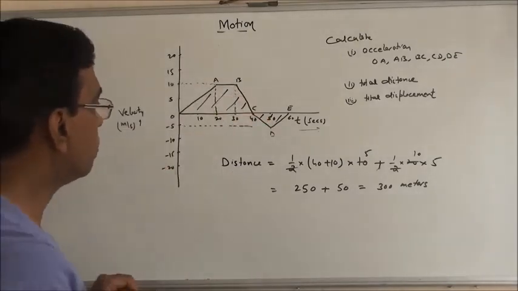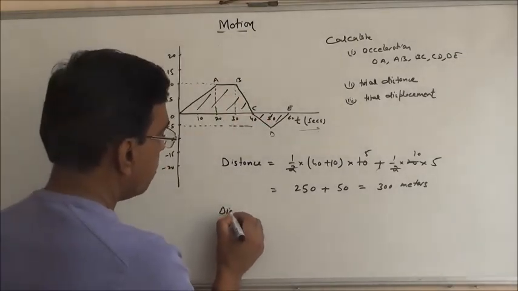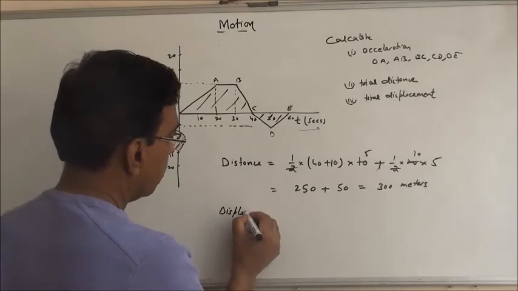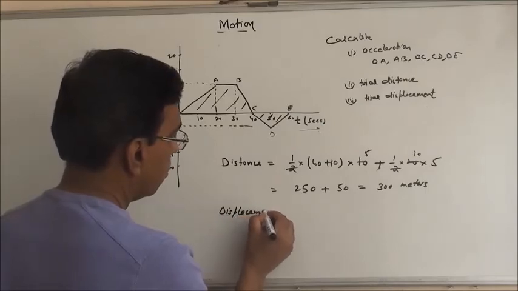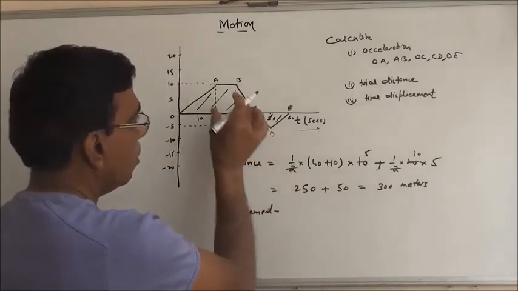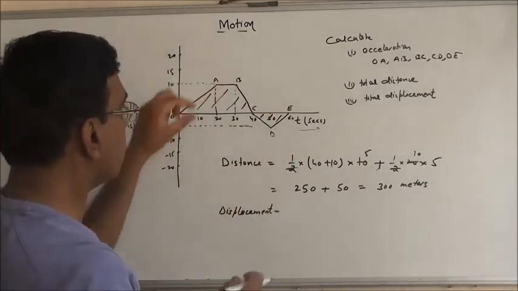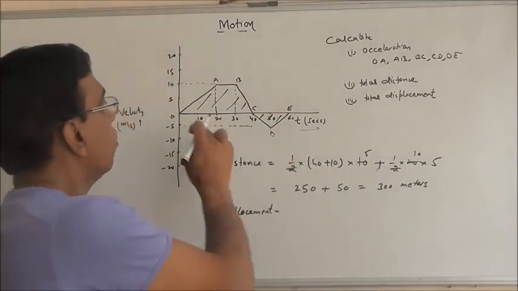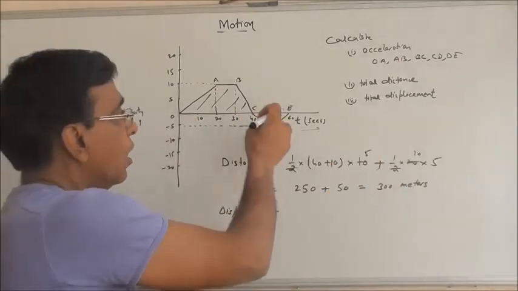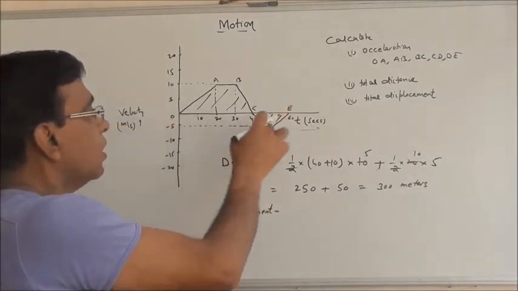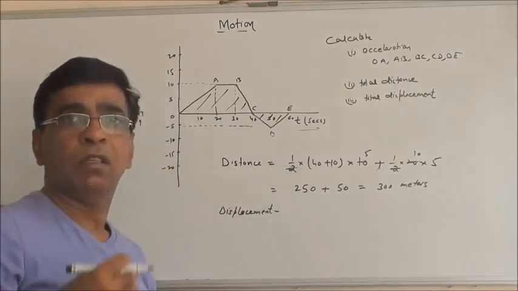This plus this. What about the displacement? This minus this, because it is in the opposite direction. This gives us the distance covered from 0 to 40 seconds. And from 40 to 60 the velocity is negative. It means it is returning.